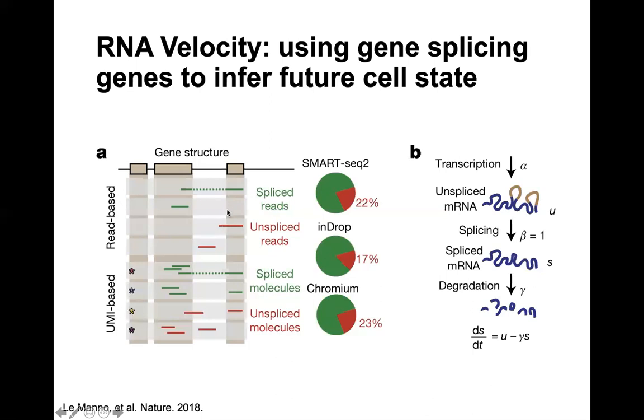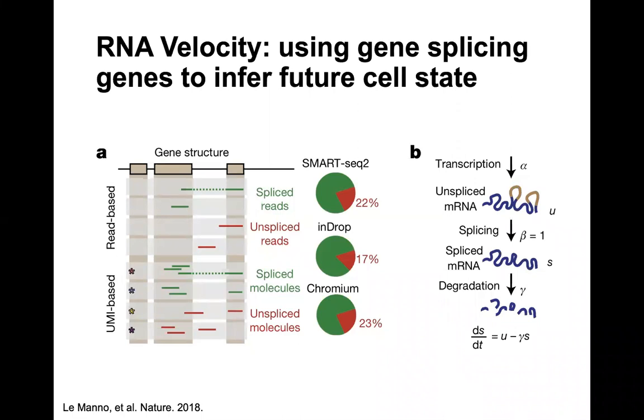And one of the things that we know is that the way that RNA is made within a cell is that you have DNA that gets transcribed into pre-mRNA or unspliced mRNA that contains these gray bits. These are those introns. These are these middle things that are supposed to get removed before you have spliced mRNA. And it is spliced mRNA that is used to create proteins in the cell.